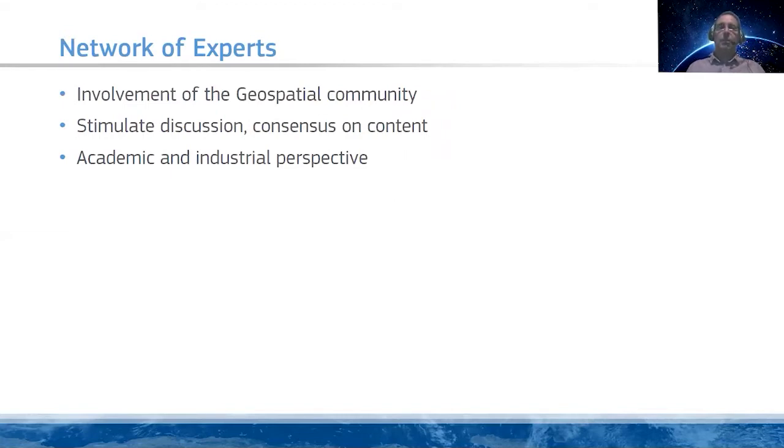And in this way, because the community is engaged in the work, we will create a body of knowledge that's supported by this community. It's also important that we focus both on academic and on the industrial perspective to make sure that also those sides of the geospatial community both can work with the body of knowledge.